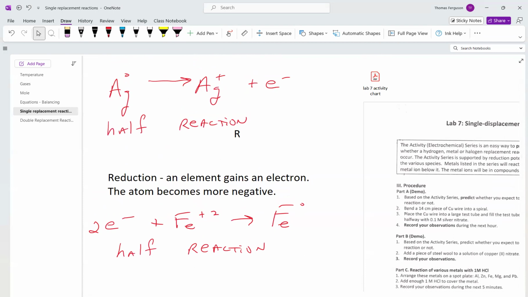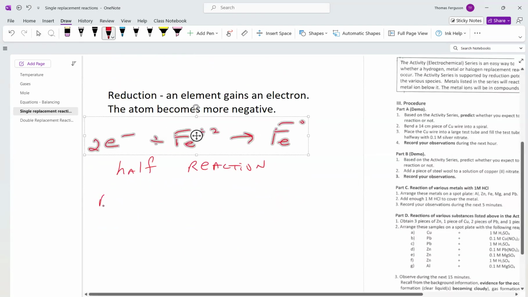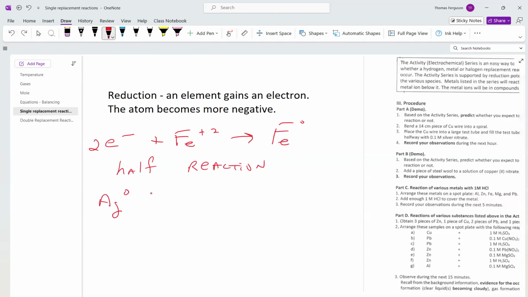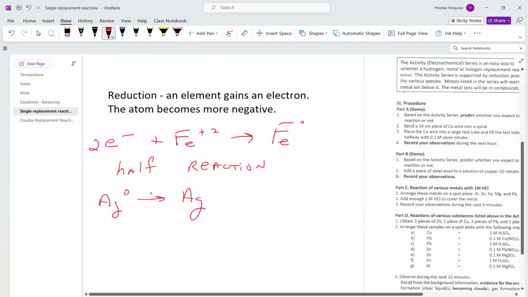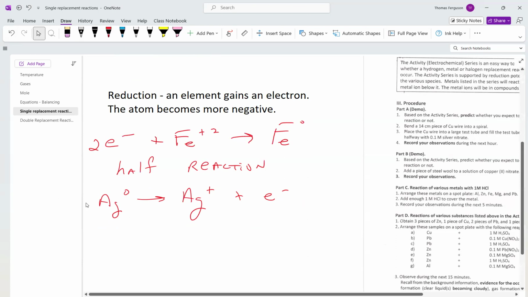So when we put these two reactions together, and then algebraically, I add them together. Let's see, need more room here.